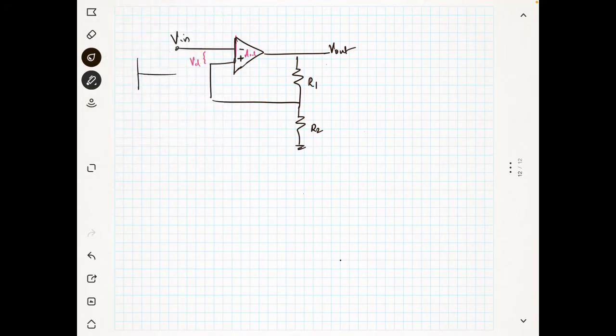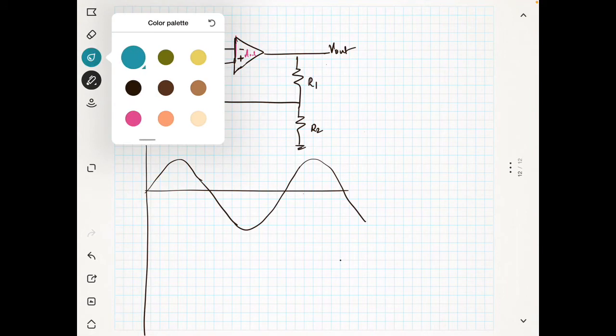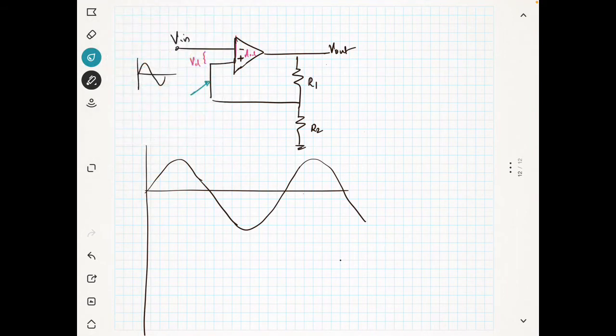I can give some input like a sinusoidal wave, so I will show with this. In this comparator, you can mark the reference voltage like this. But you see, the reference voltage is directly related to the output.